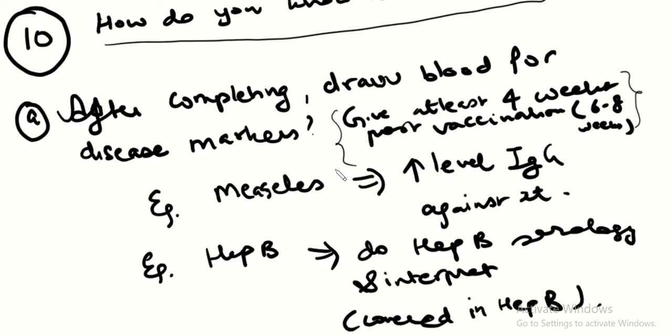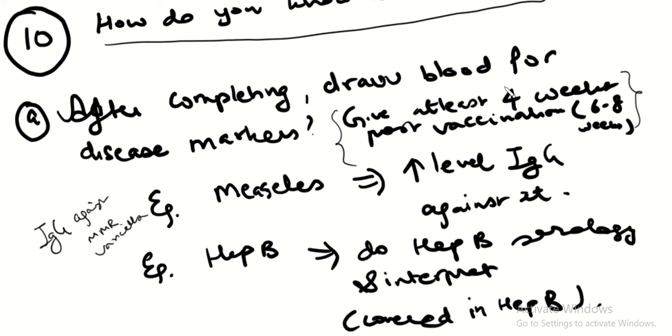So let's say it's measles, mumps, rubella, varicella. These are diseases to which you become immune when you develop IgG antibodies against measles, mumps, rubella, varicella.